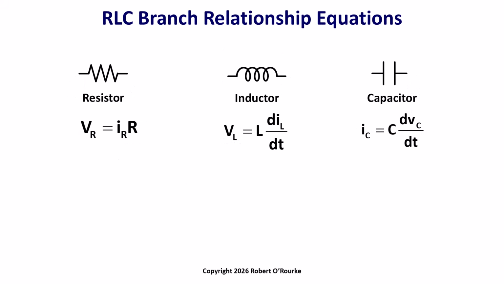These branch relationships for resistors, inductors, and capacitors illustrate the lack of dimension in lumped circuit element models. We see voltages, currents, resistance, inductance, capacitance, and time, but there is no indication of physical size in the branch relationship equations.